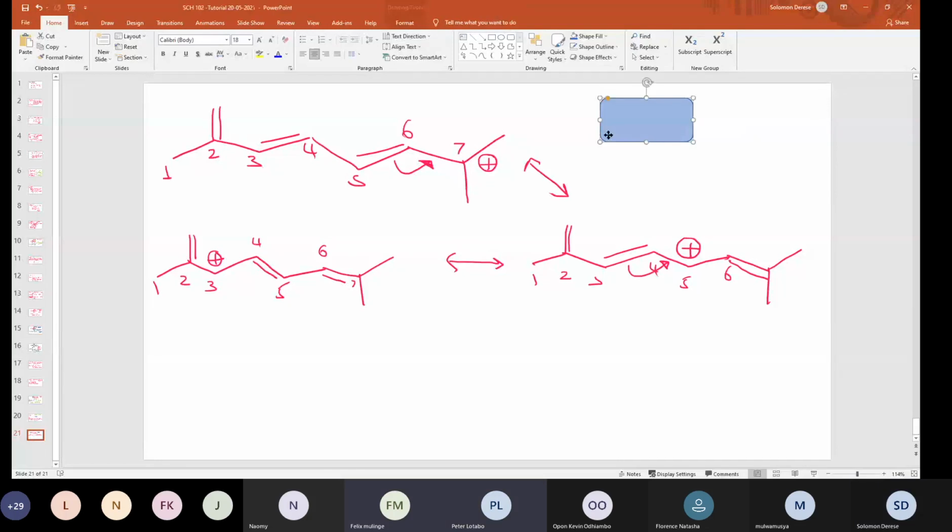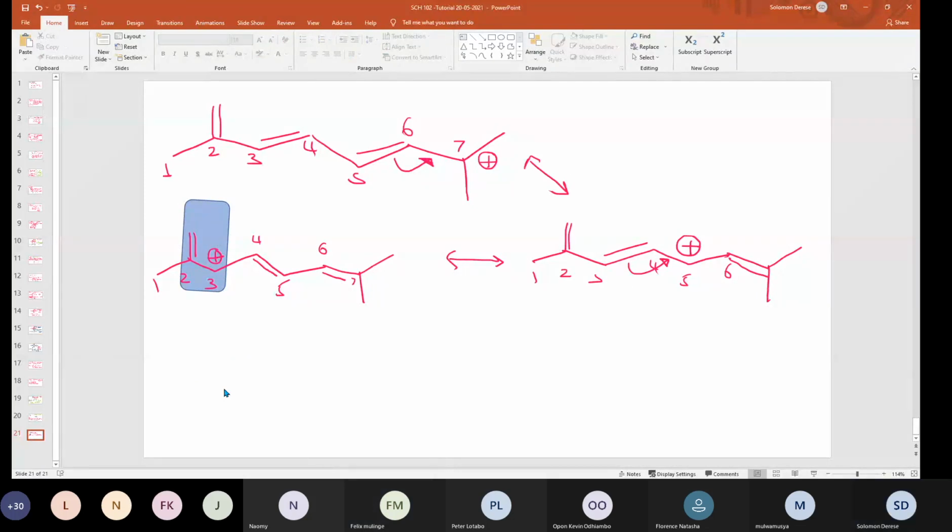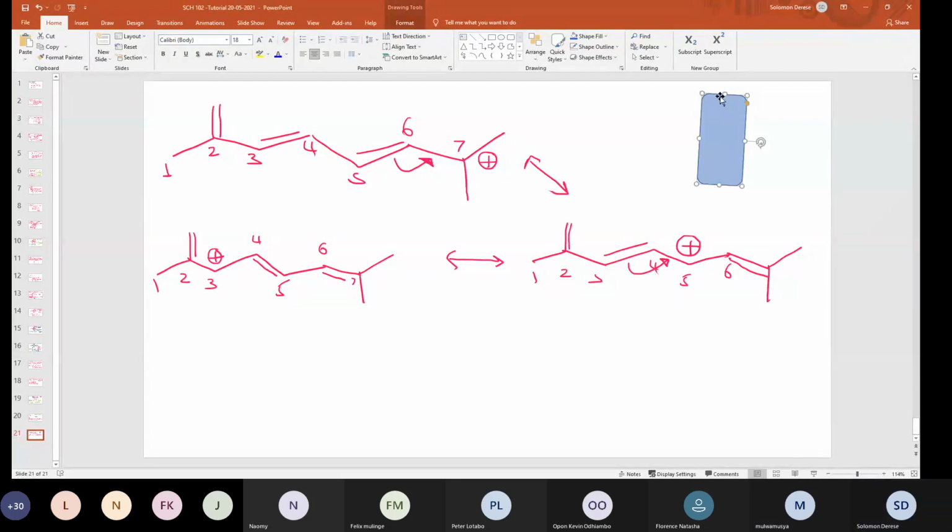Are we done? Then I want you to see, I don't want you to be a one-dimensional person only. What do you see in here? We have a double bond, a single bond, and a positive charge, isn't it? So, similarly, you should expect this double bond to be used to form a double bond in here between carbon 2 and 3.